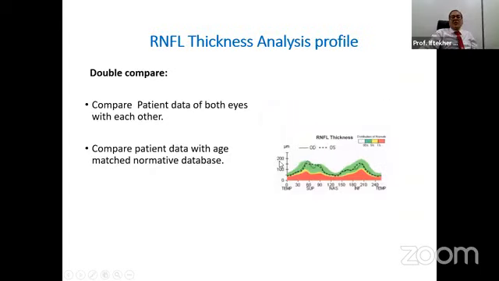Here we see a double comparison. One comparison is with the patient data. The solid line is the right eye data, and the dotted line is the left eye data. This data is compared with the normative database. And the second comparison is the comparison of the left and right data with each other.